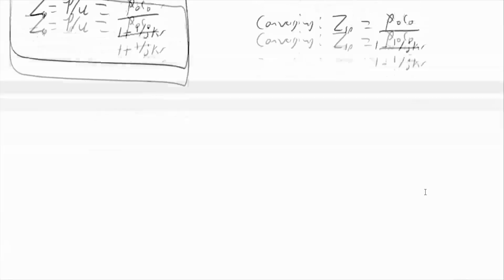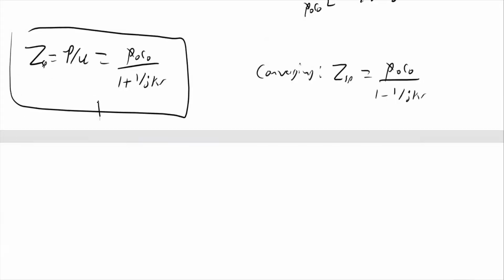Turning back our attention to the specific acoustic impedance of an outgoing spherical wave, we do a little bit of analysis. If kr is much, much greater than 1, then the specific acoustic impedance of the spherical wave is just rho naught c naught, which, if you saw the video on characteristic impedance, you will know is the characteristic impedance of a plane wave or of a medium.